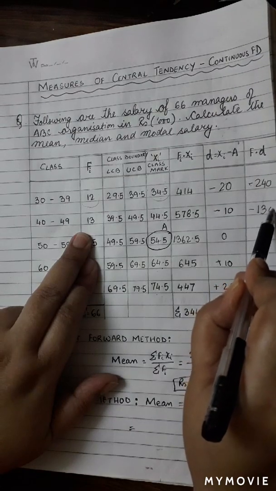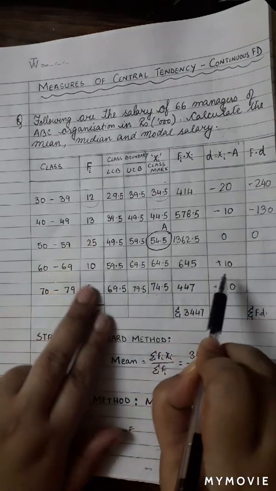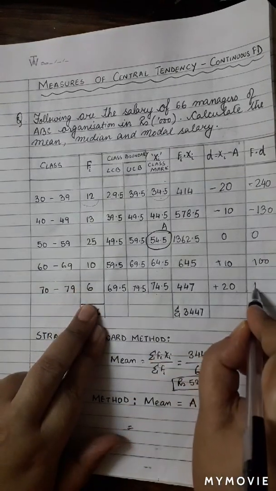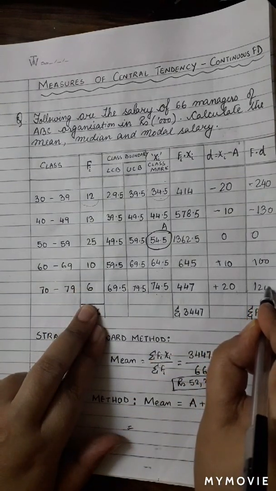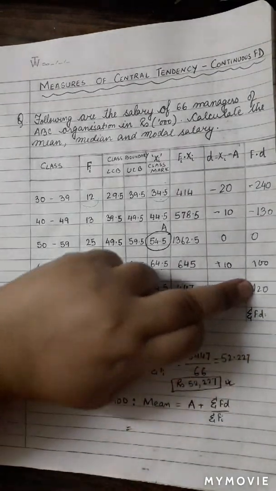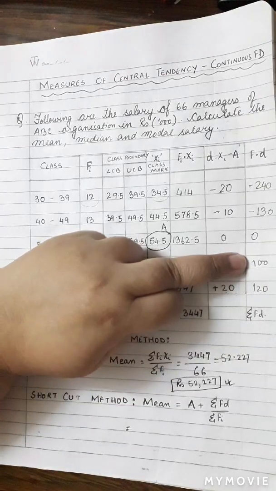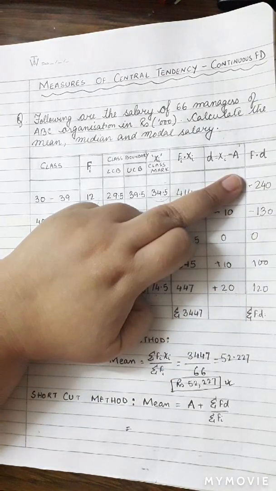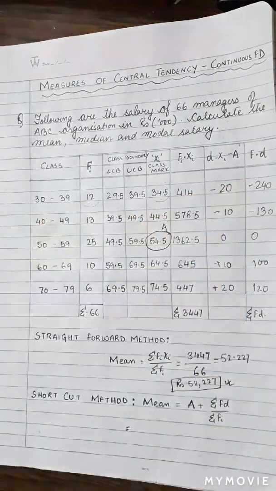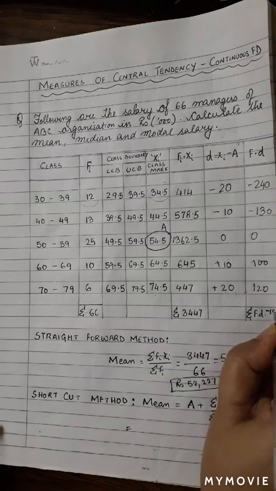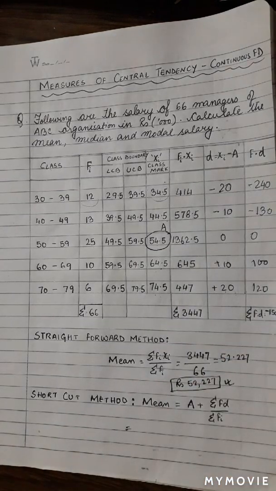Here the value is 0, here it is plus 100, and here we get 120, since 6 into 20 is 120. On the positive side we have 220, and on the negative side we have 370. So the summation fd will be minus 150.